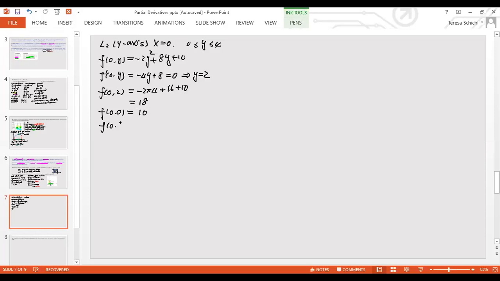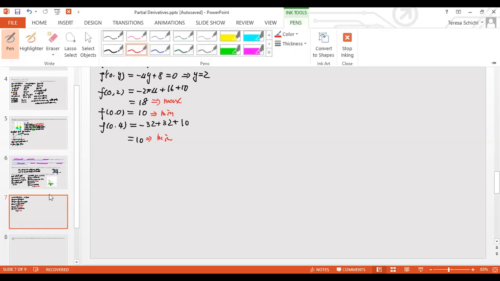Now I need to plug in 0, 4, which is negative 32 plus 32 plus 10, so this is 10. Okay, so now this is the max here. These two are the same, so they are both the minimum here. Okay, so that's our second line.